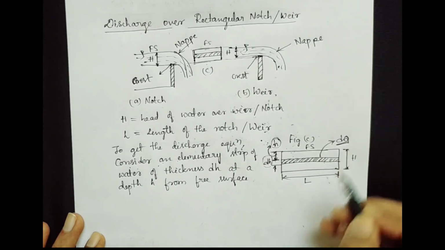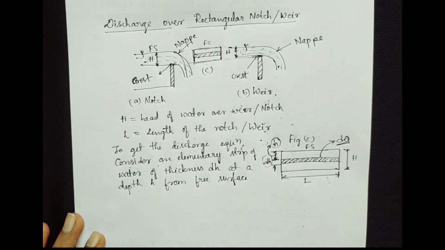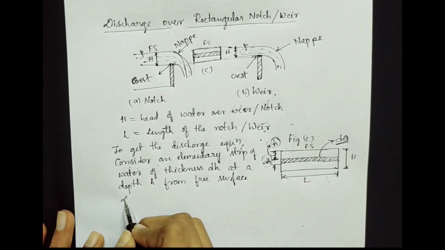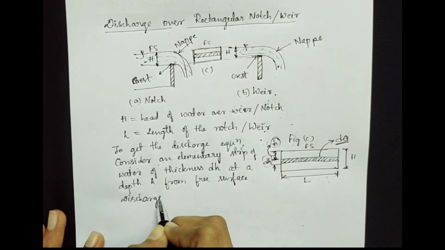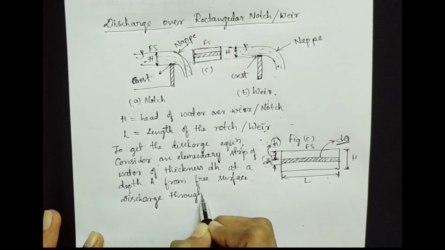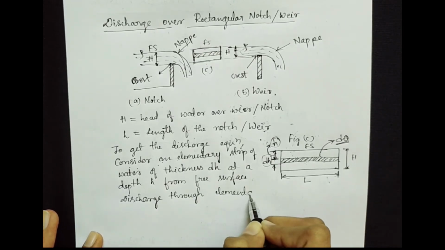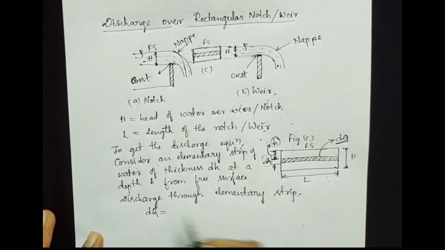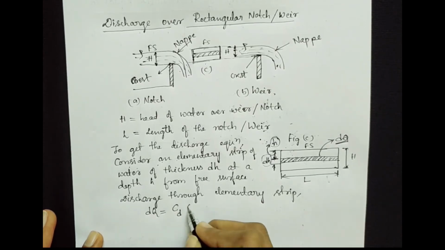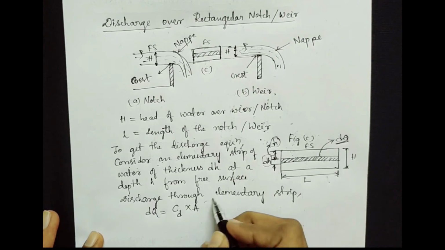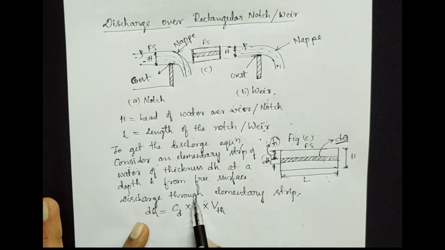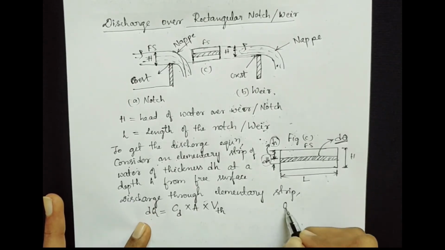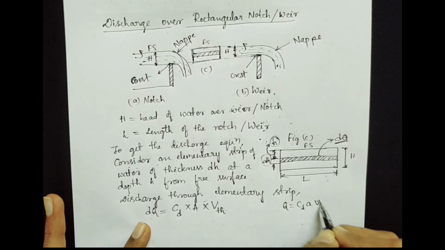We know the discharge equation: the discharge through the elementary strip is dq, because we know Q is equal to Cd into area into velocity.